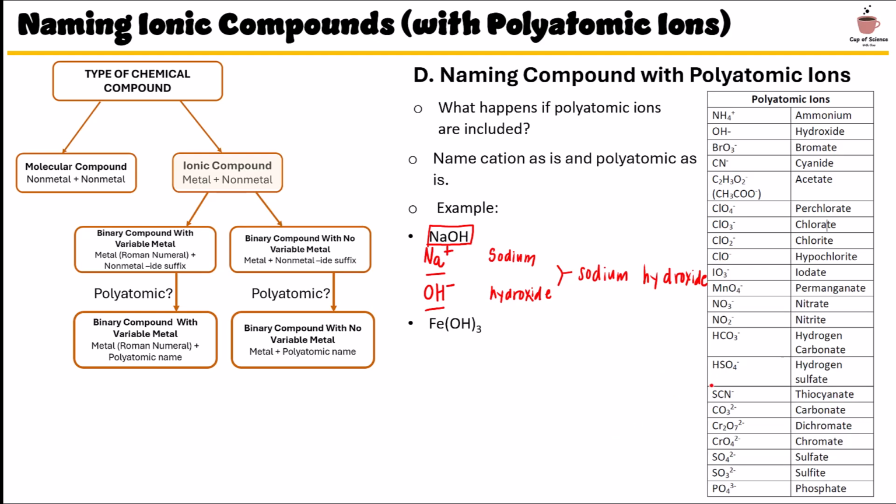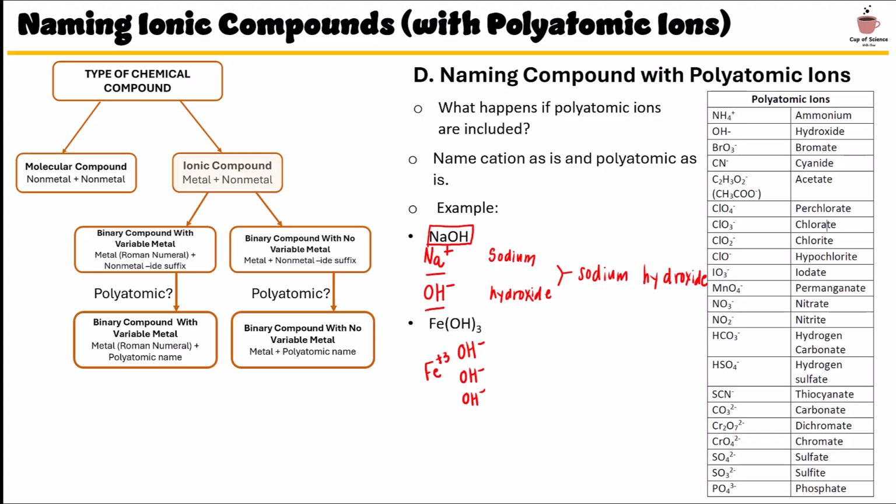Iron and OH3. So FeOH3, we see that there is 3 of the hydroxide. And there's only one iron. So what does that mean for the charge of the iron? Iron must be +3 in order to cancel out all of the negatives from the hydroxide.